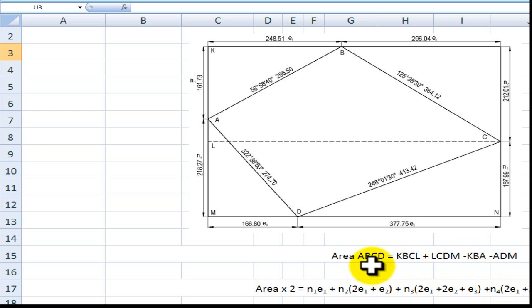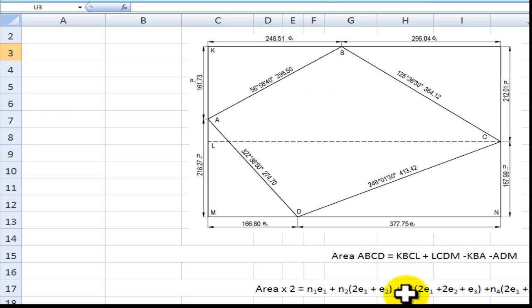What we can see is that if we want to work out the area of A, B, C, D, and we join this little dotted line through here as a construction line, it's equal to KBCL plus LCDM minus KBA and minus ADM. From that we can determine the area.